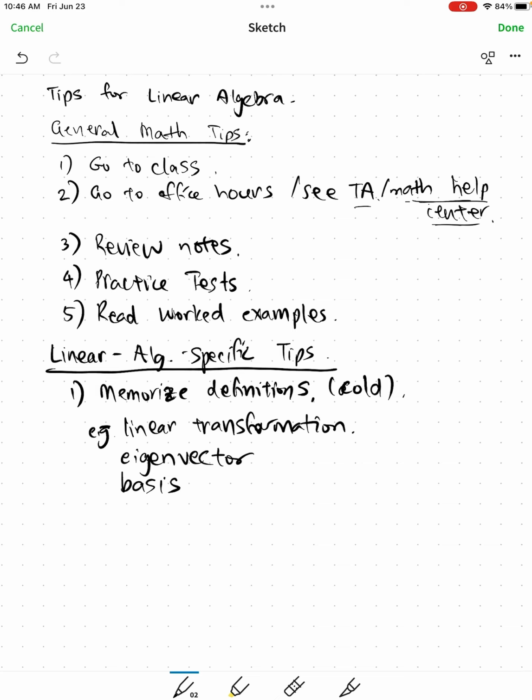So a set of vectors is linearly independent if, let's say that the vectors are v1 through vk, they're linearly independent if the equation c1 v1 plus dot dot dot plus ck vk equals 0, the zero vector, implies that c1 is 0 and c2 is 0, all the ci's are 0. That's what linearly independent means.